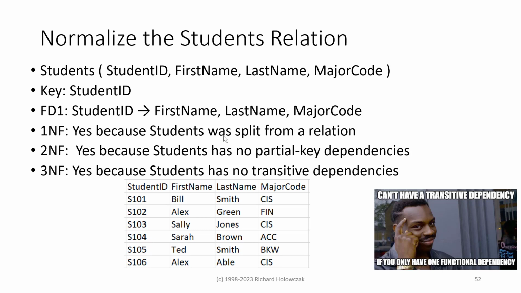It's in first normal form because it was split from a relation. It's in second normal form because there's no partial key dependencies. And yes, it's in third normal form because there's no transitive dependencies. It is impossible to have a transitive dependency if you only have one functional dependency. So this will be our final students relation.